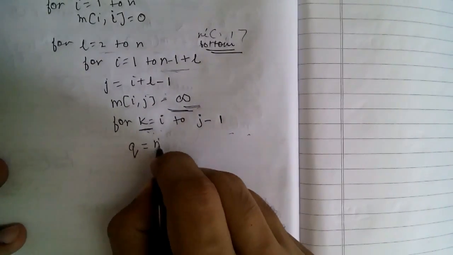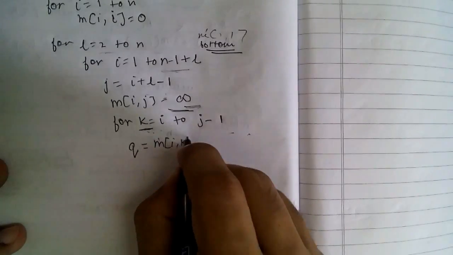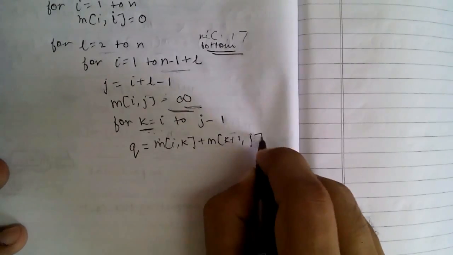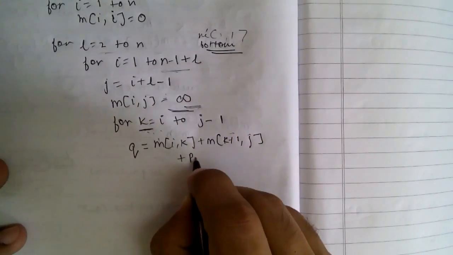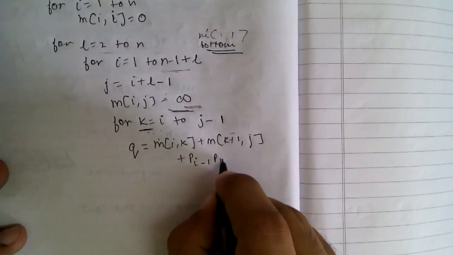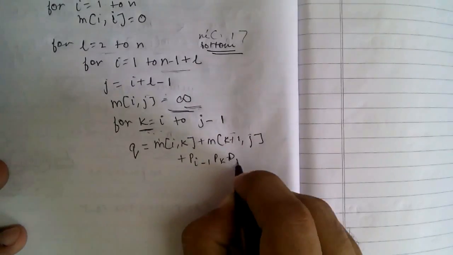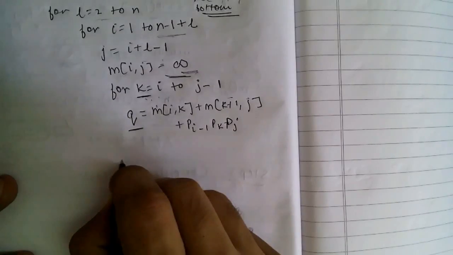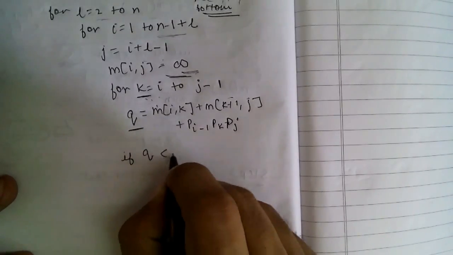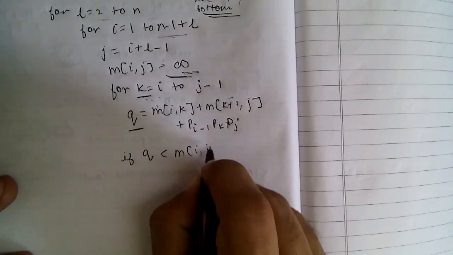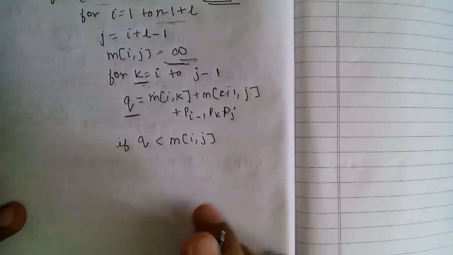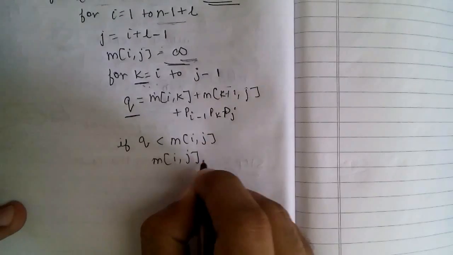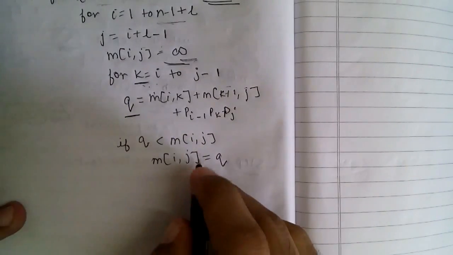This is the cost q: m of i, k plus m of k plus 1, j plus the scalar multiplication p_{i-1} p_k p_j. If q is less than m of i, j, then we are going to put this as the optimal value.